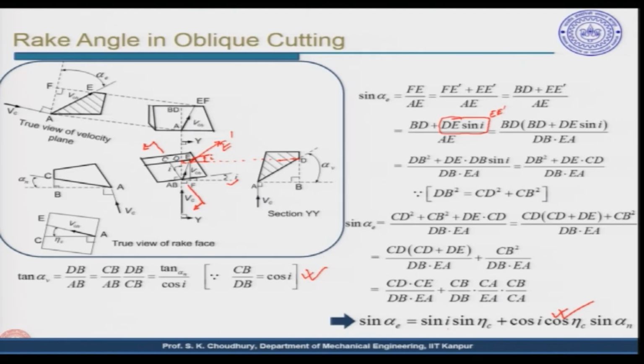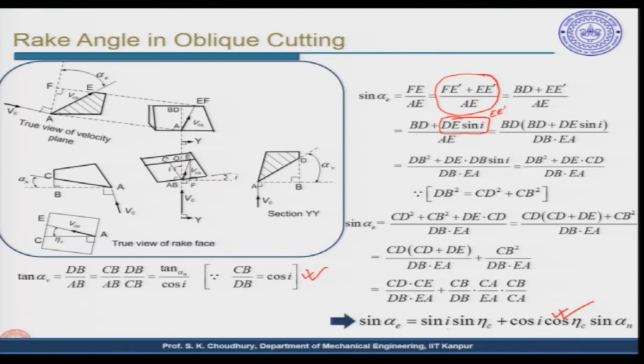Although this looks a little complicated, you have to understand the diagram. Once again I will show you that geometry, which is not shown here so as not to complicate it. See, this is the factor F, and E is the projection on the line perpendicular to the cutting velocity vector.